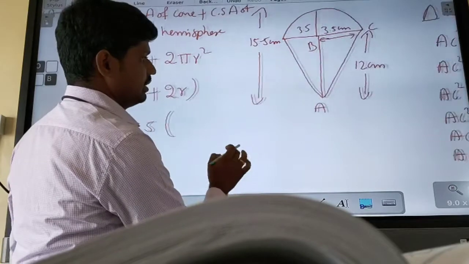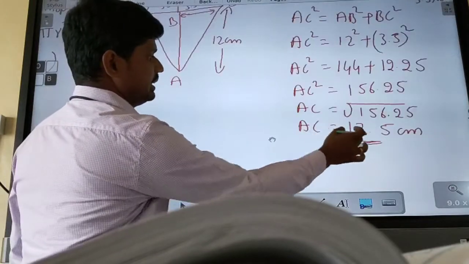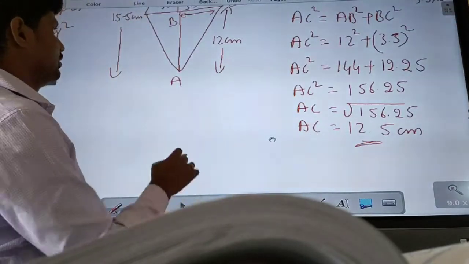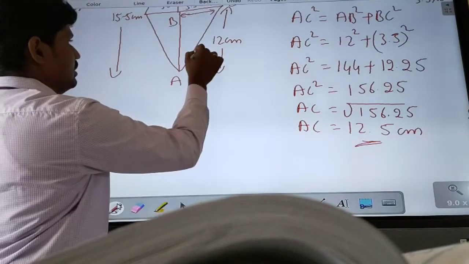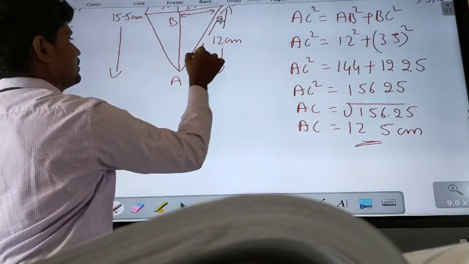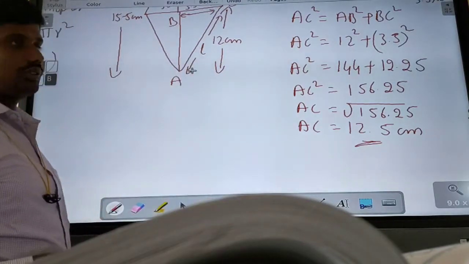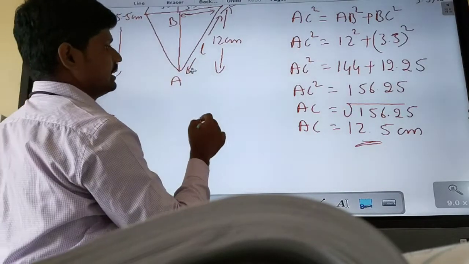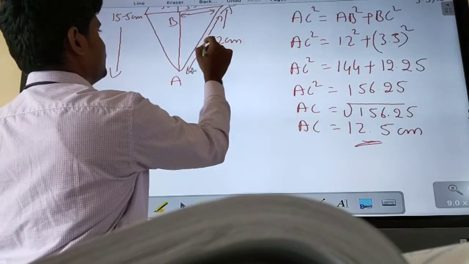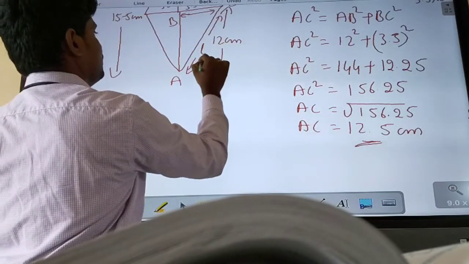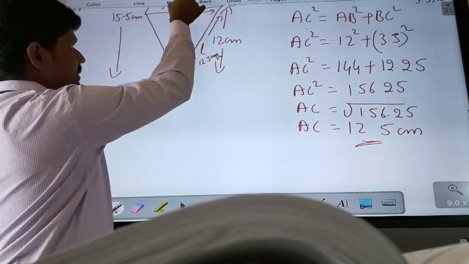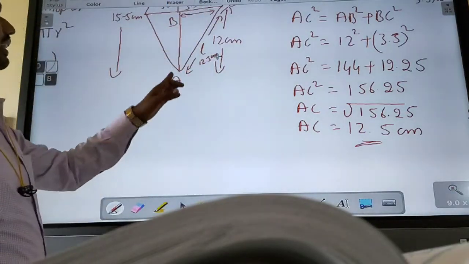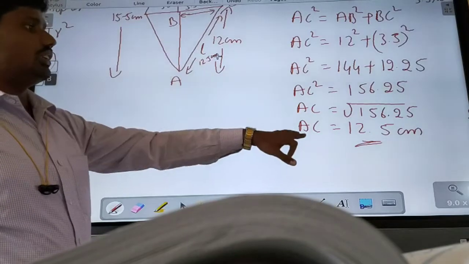See, we found the value of AC. How much? 12.5. 12.5 is the value of L, so the value of L is 12.5 centimeter. The 12 is AB, the height, and we found the AC value using the Pythagoras theorem.